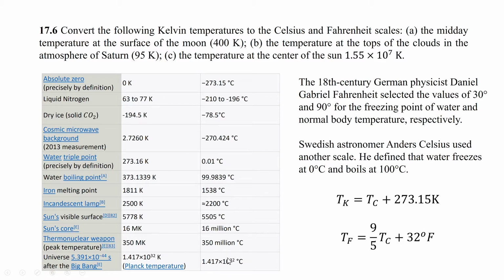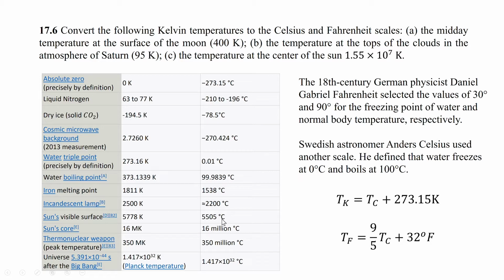Okay, and if you study nuclear weapons, when a nuclear weapon explodes, the temperature is millions of degrees in Celsius. Another temperature is the sun's core. The temperature in the sun's core is 16 million, also very high. And if we go to the sun's surface, it decreases a lot.